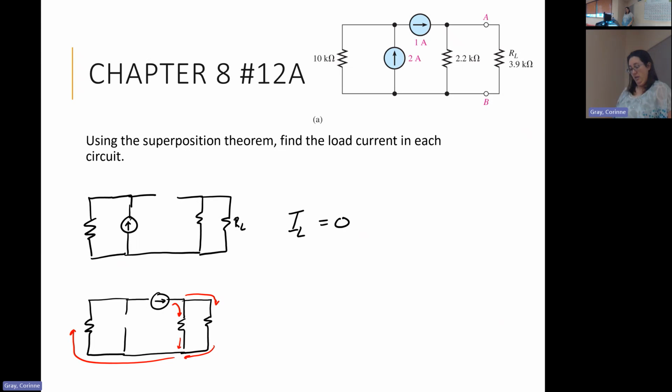So with that, we need to think about how to go through and do it. Before we do, are there any questions so far?